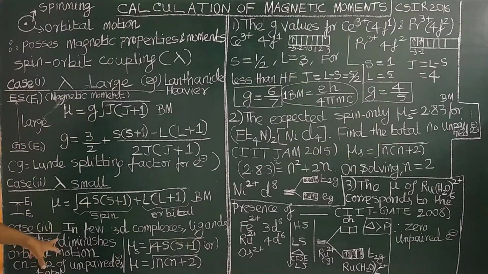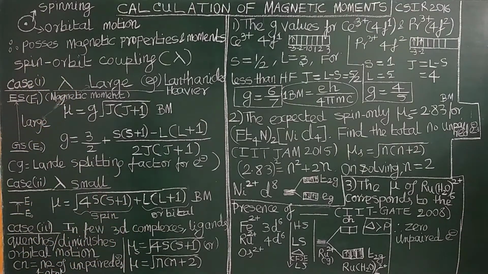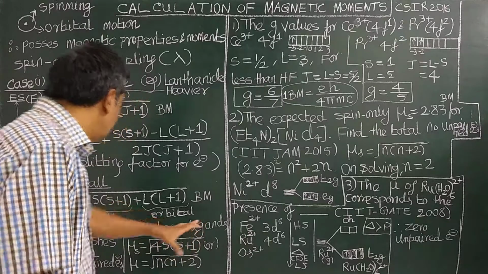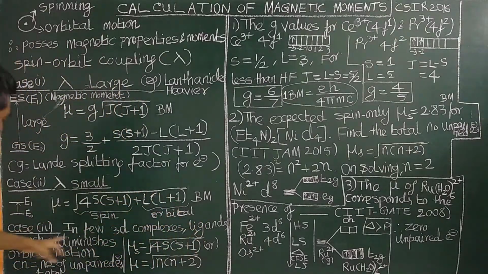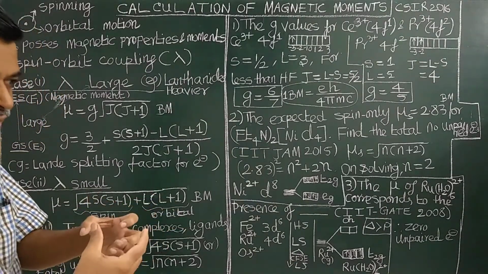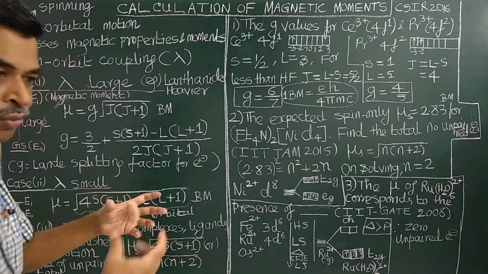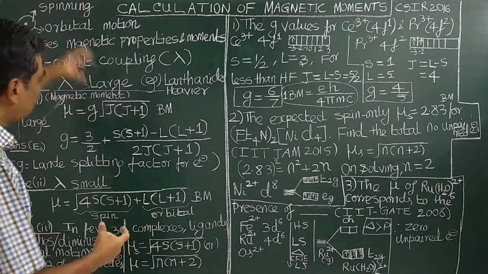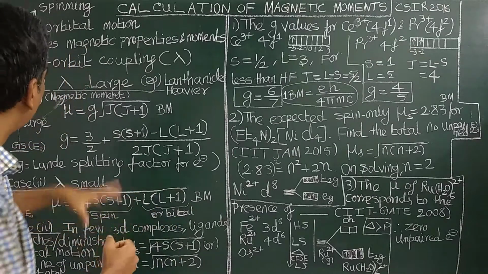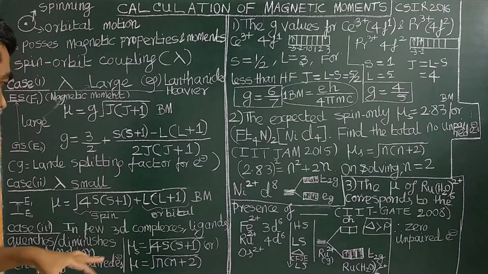In case 3, in a few 3d transition metal complexes, ligands quench or diminish the orbital motion. What does it mean? For example, when a ligand overlaps and binds with the d orbital of the metal, the d orbital electron is tightly bound. Therefore, the orbital motion is prevented, stopped, quenched.